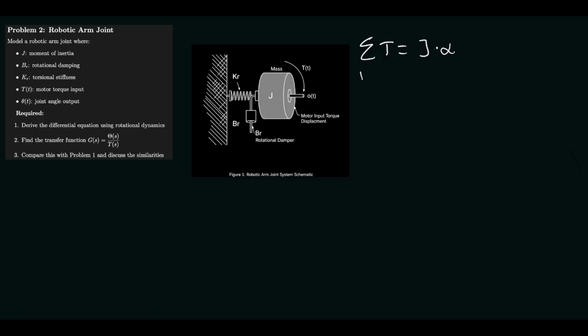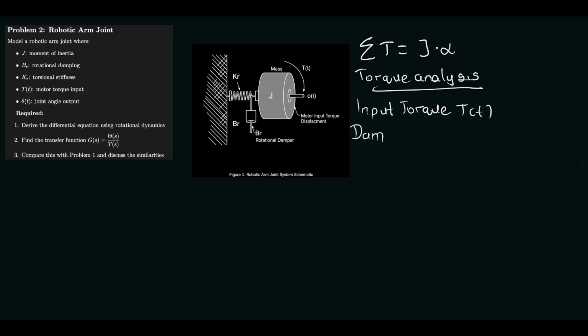Now let's do the torque analysis. You have your input torque, our T of t. You have your damping torque, T_BR, which equals B_R multiplied by d theta of t over dt. Also written as B_R theta prime of t.